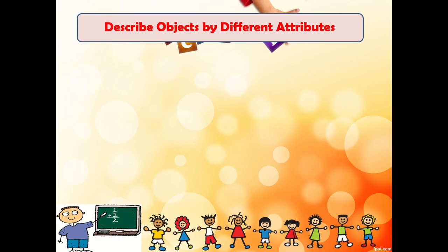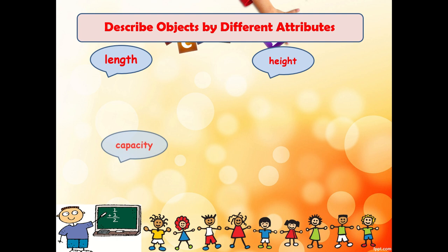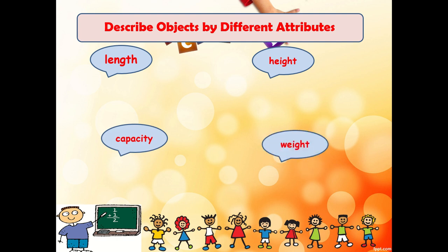Next, let us proceed in describing objects by different attributes. Let us recall that we can compare and we can analyze objects by describing their length, height, capacity, and weight.